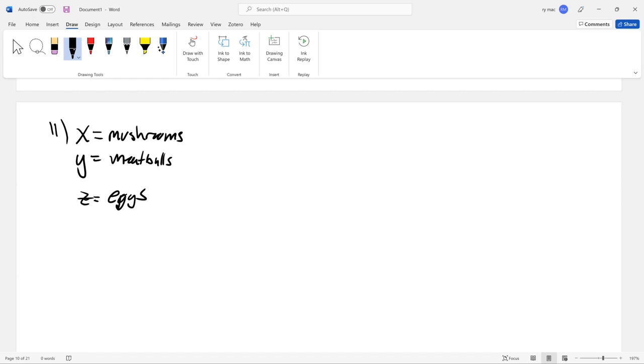So there's 3 grams of protein in the mushroom, so I'm going to write 3x. Then there's 14 grams of protein in the meatball, so I'll write plus 14y. And then 13 in the deviled egg, so it's going to be plus 13z. And the total amount of protein he can have is 117. So that's your first equation.